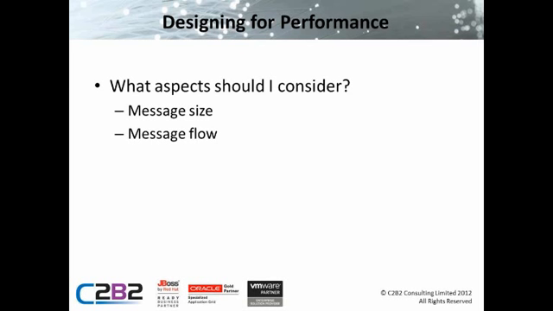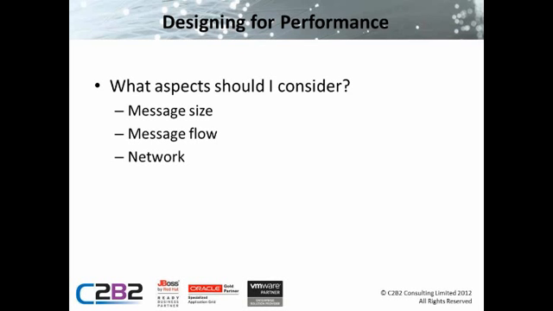So the numbers of different sort of transformations that you're doing between these different data types has an impact. The amount of time it spends in one data type, if you are only doing an XML transform or XML-based routing in one part of the flow, it might be worth thinking about how you can readjust that so that you can avoid using XML if the rest of your service doesn't use it.